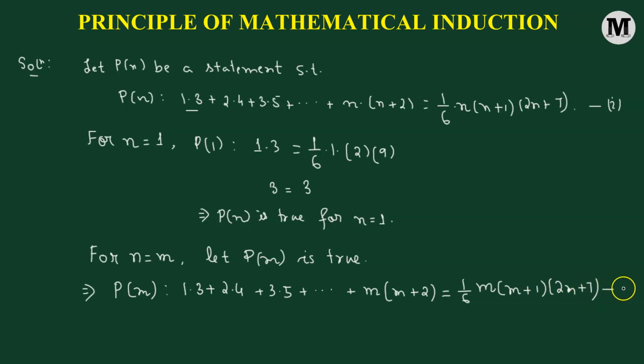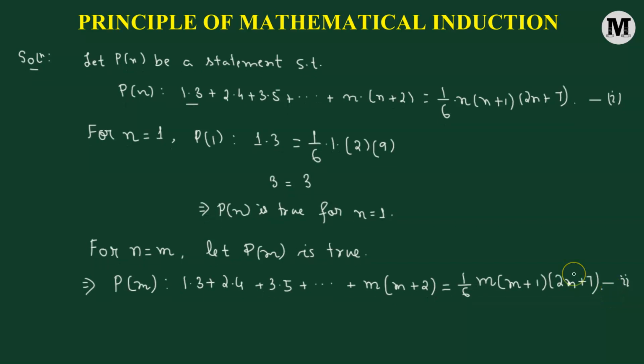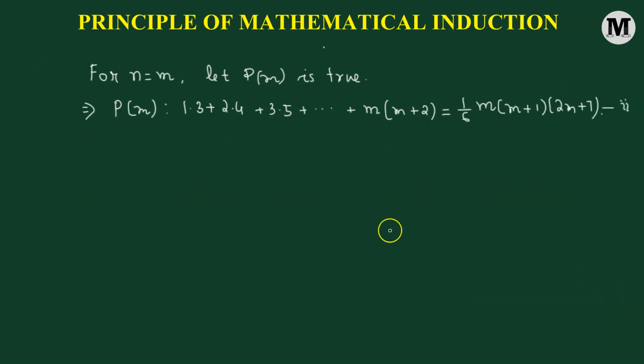Fine. So let this be statement number 2. And we are supposing that this is a true statement. Now if P of m is true, we will need to show that the next consecutive natural number that we pick up, which is m plus 1, so P of m plus 1 must also be true, to show that this is also true.